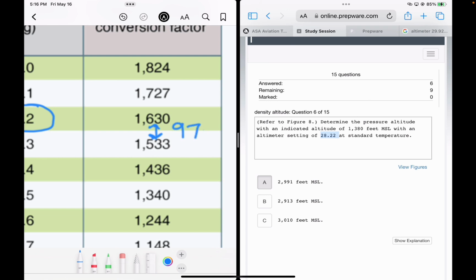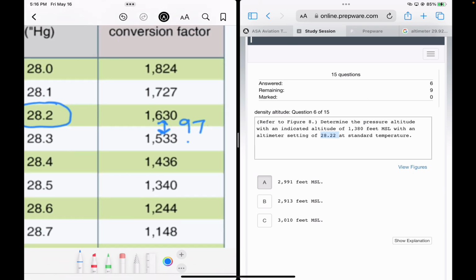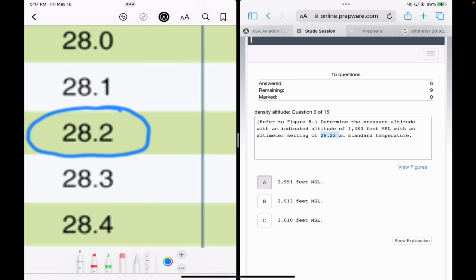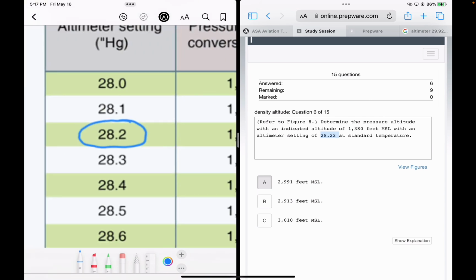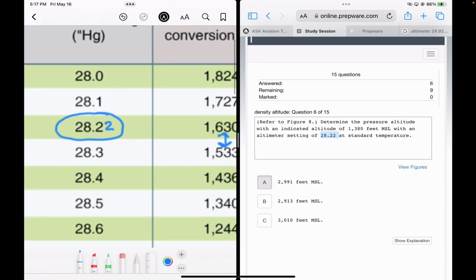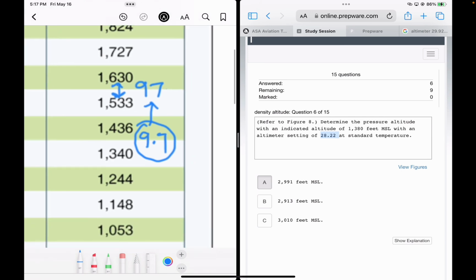97, okay? You're going to take this 97 and divide that by 10. So that's 9.7. Okay? You're going to take this 9.7 and multiply that by 2. Do you know why? Well, you don't really need to know why.